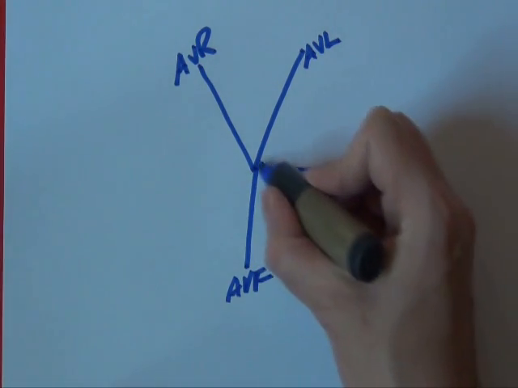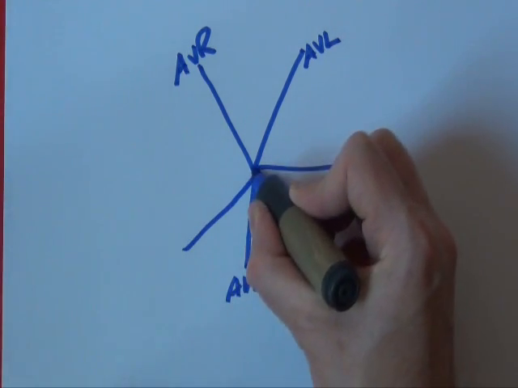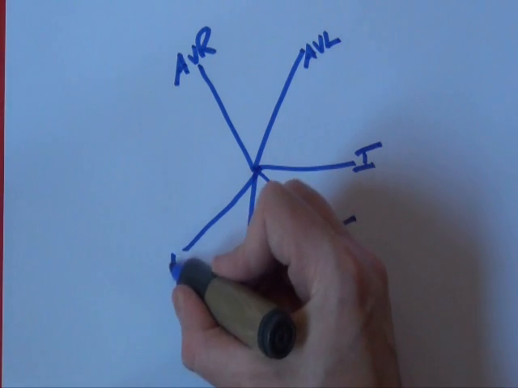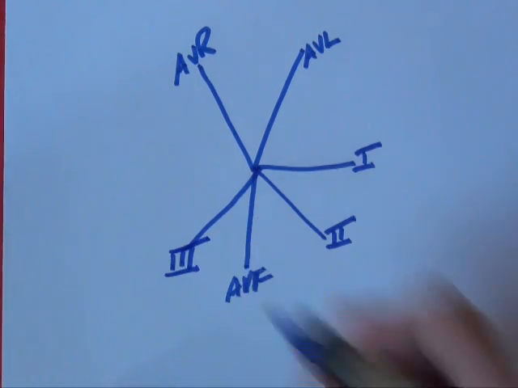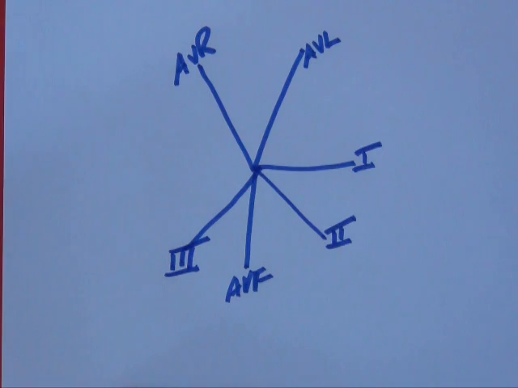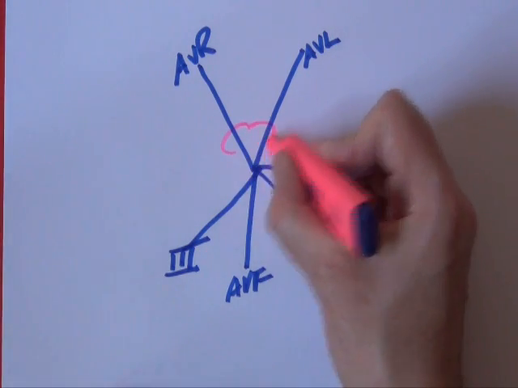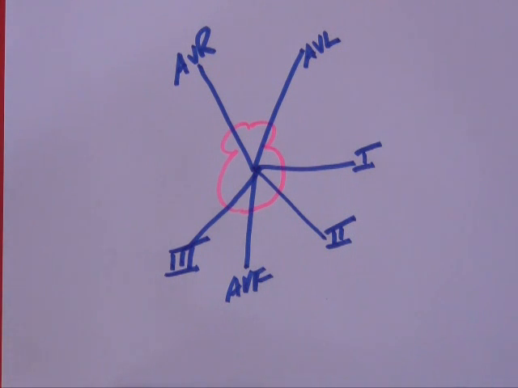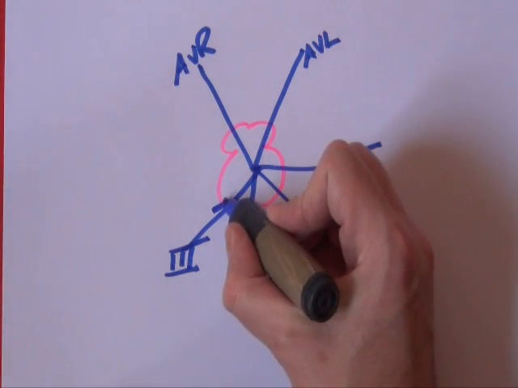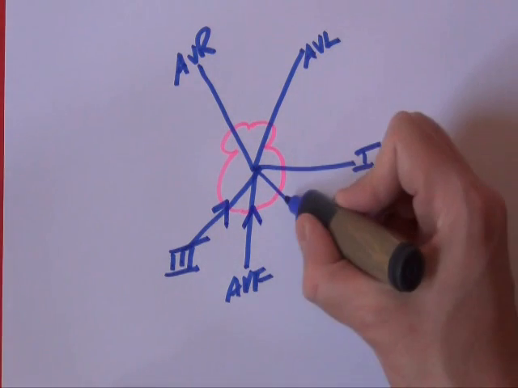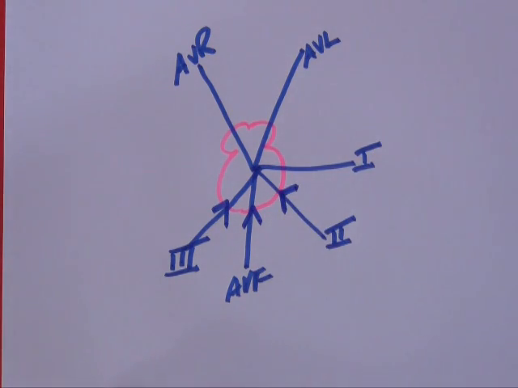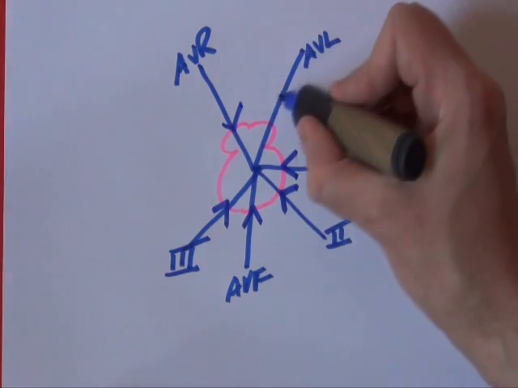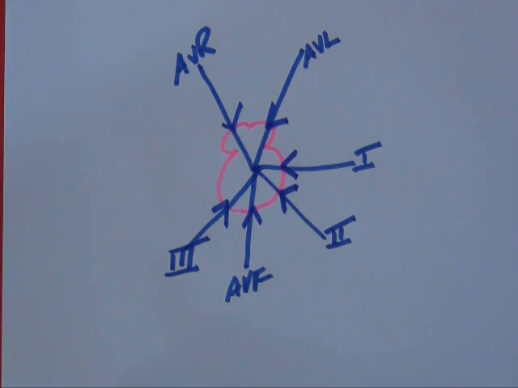Add in your 3 remaining limb leads, 1, 2 and 3, and then draw an outline of a heart shape, like that, and that immediately tells you which areas of the heart those leads are looking at. You can see that leads 3, AVF and 2 look at the inferior or low down part of the heart, lead 1, the lateral left ventricle, AVR and AVL, the right and left atrium respectively.